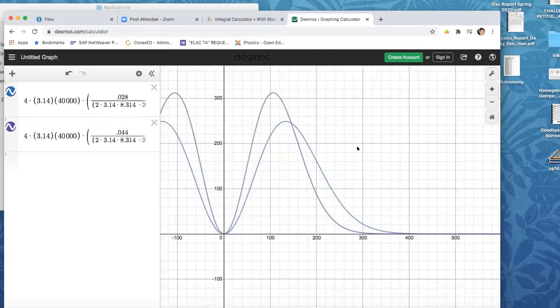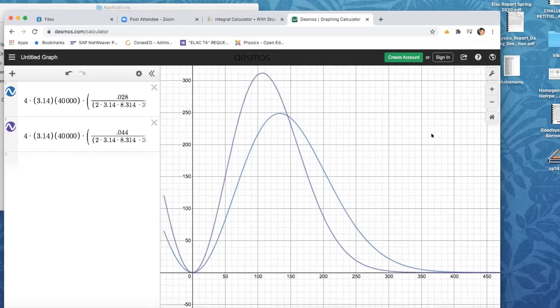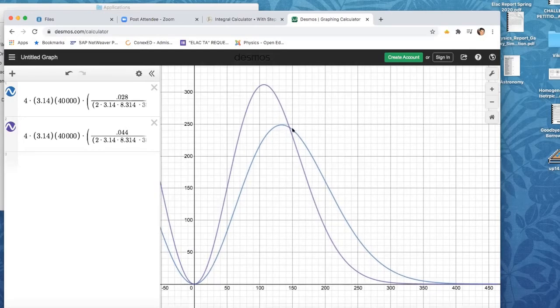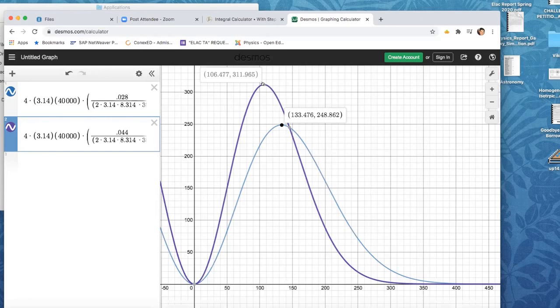Okay, this is the molecular distribution of, which one is which? This one is the nitrogen at 30 Kelvin. And this is the carbon dioxide. So what's happening here? For carbon dioxide, it's shifted to the left. You see, it's a heavier molecule.